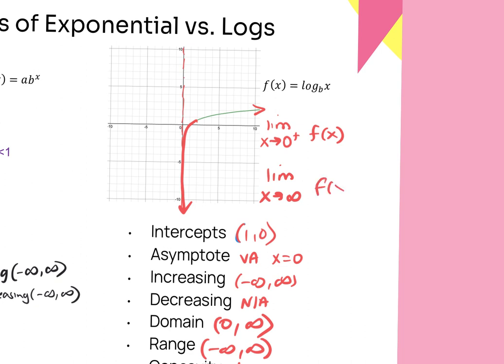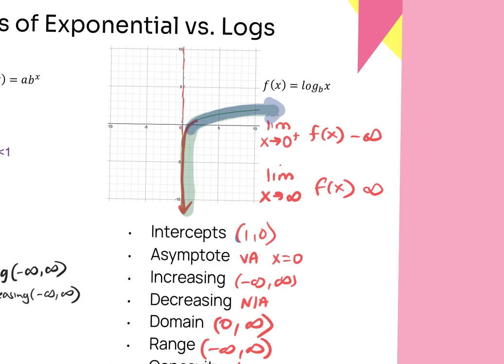So as it approaches 0 from the right, what's happening to my y values? They're going to negative infinity. And as it's approaching positive infinity, what's happening to my y values? Positive infinity.